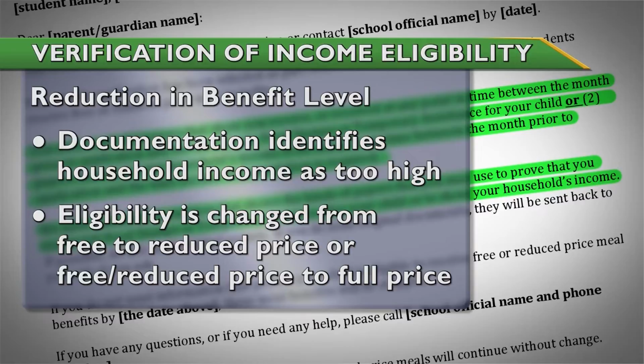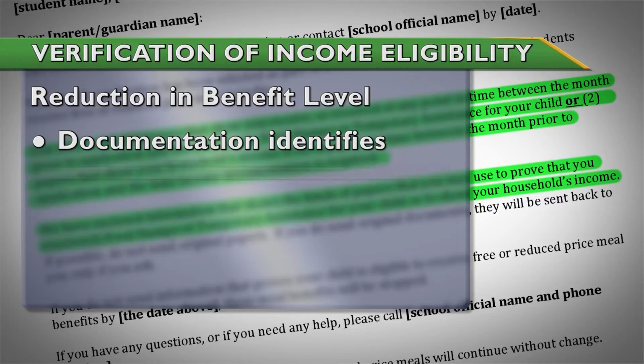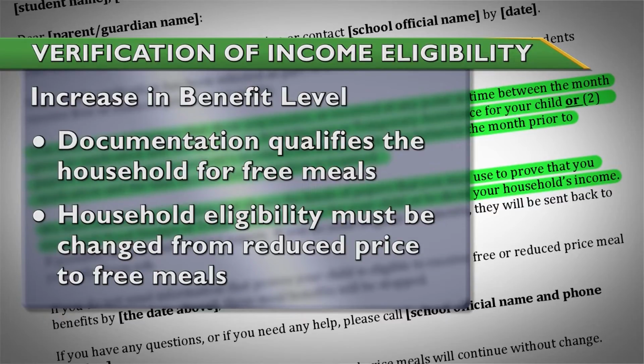Reduction in benefit level. The household's documentation identifies income as too high for the level of benefits for which the child has been approved. Therefore, the household's eligibility must be changed from free to reduced price or from free or reduced price to full price. Increase in benefit level.